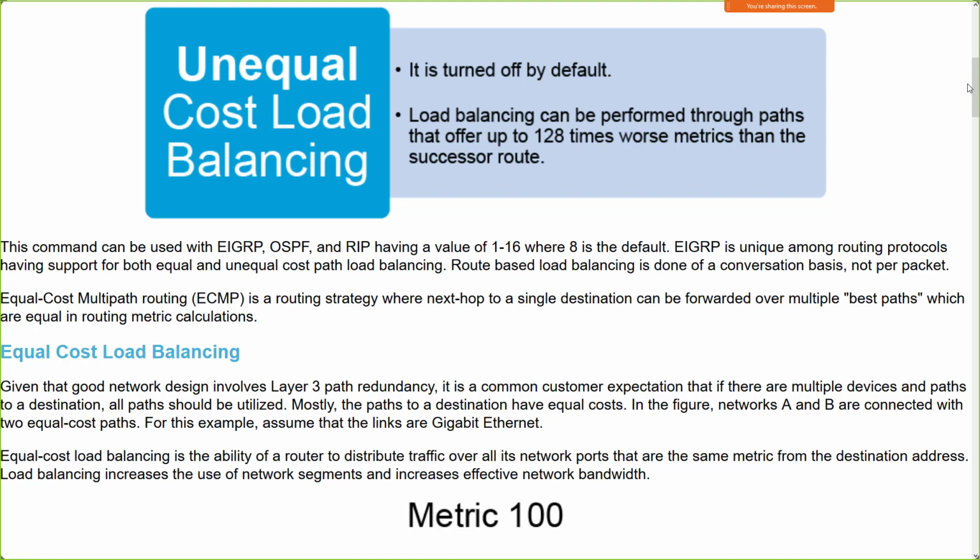Anything between that value and 10 times that value would be considered equal. So variance is kind of like unequal cost load balancing with a sledgehammer, right? We're not making small changes, we're making big changes, or the variance command has a large effect, if you will. All right, but we'll talk about that. I'm sure we'll see the solution for providing that in this section here.